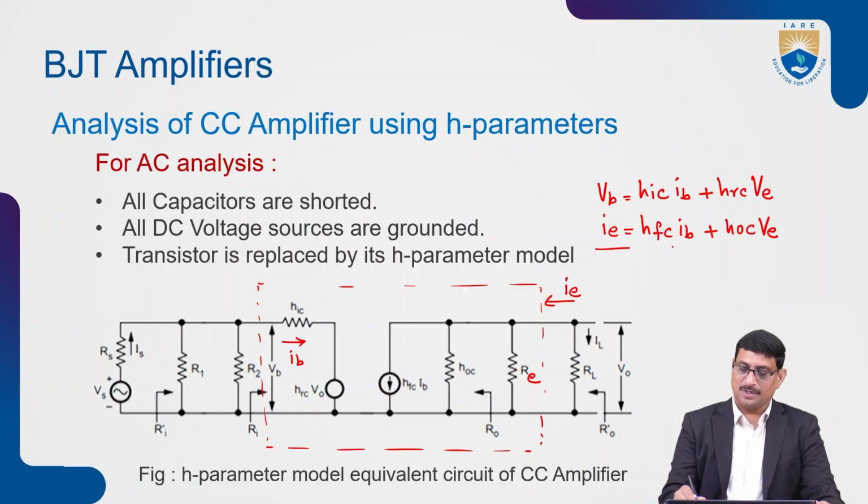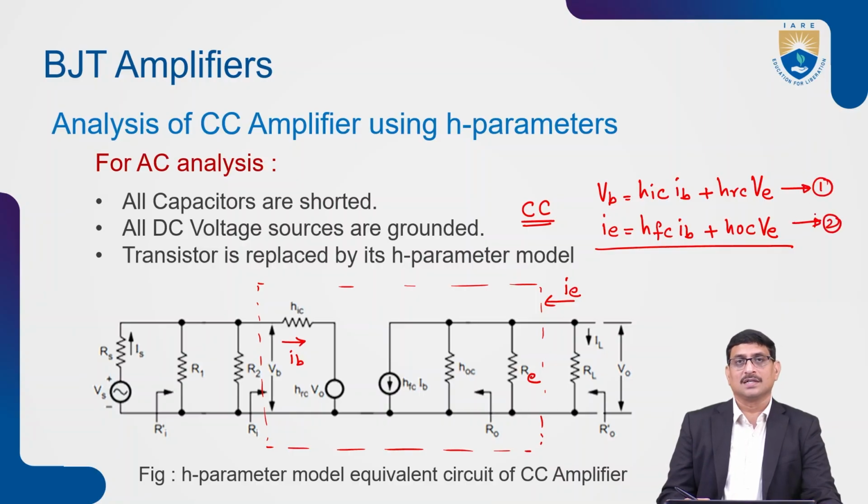These are the H parameter equations of the common collector configuration. Taking these equations, we will do the analysis of the common collector amplifier, that is, the calculation of current gain, input impedance, voltage gain and output admittance parameters.